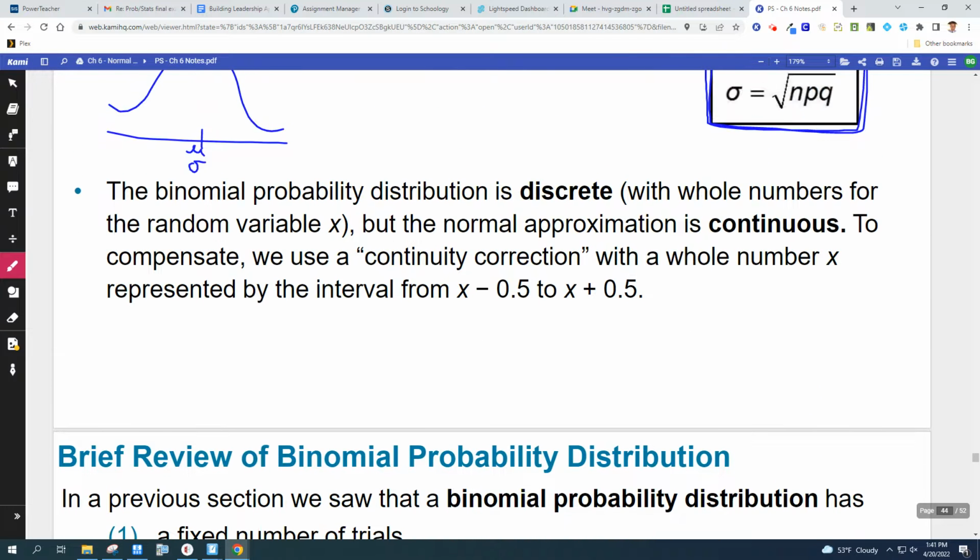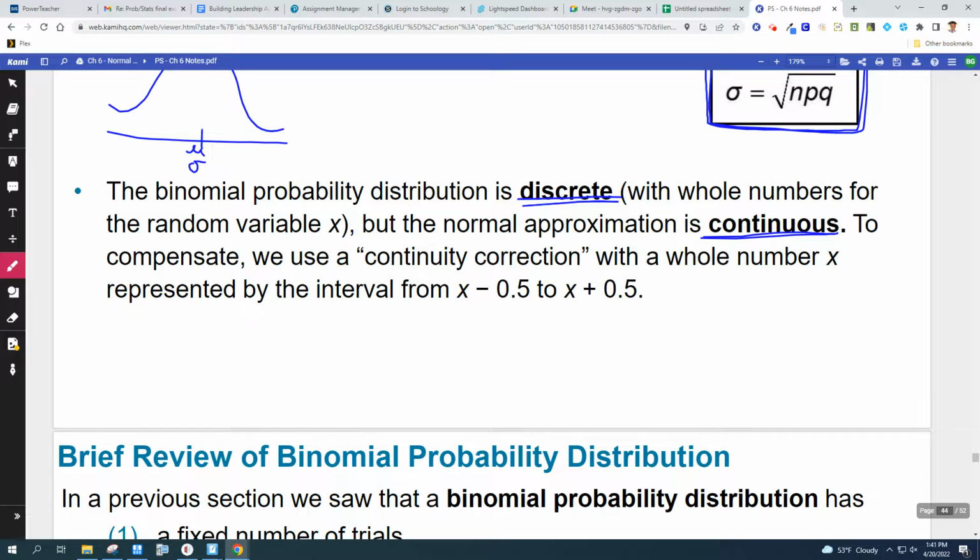I think the weirdest thing about this lesson is this. The binomial probability distribution is discrete, which you may recall means countable. I can count it. But the normal approximation is continuous, which means not countable. So we have to try to fix the numbers, because we're using a continuous distribution to approximate a discrete one.